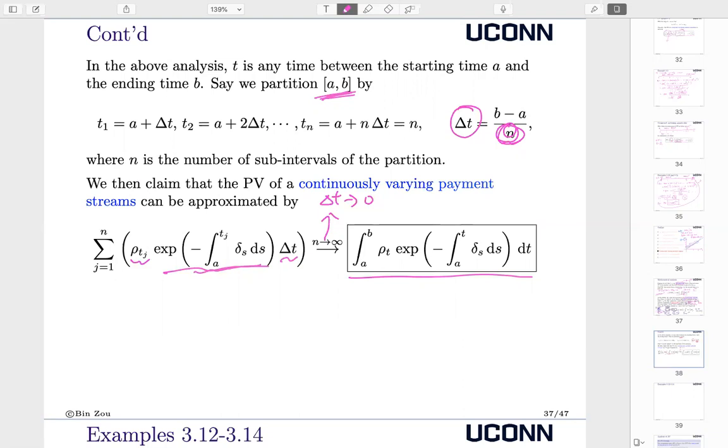what I can somehow summarize is rho t delta t. This is the amount, right? The amount at time t. And in order to get this amount to time a, or the present time, you need to times by a discounting factor. This is the continuous discounting, okay?